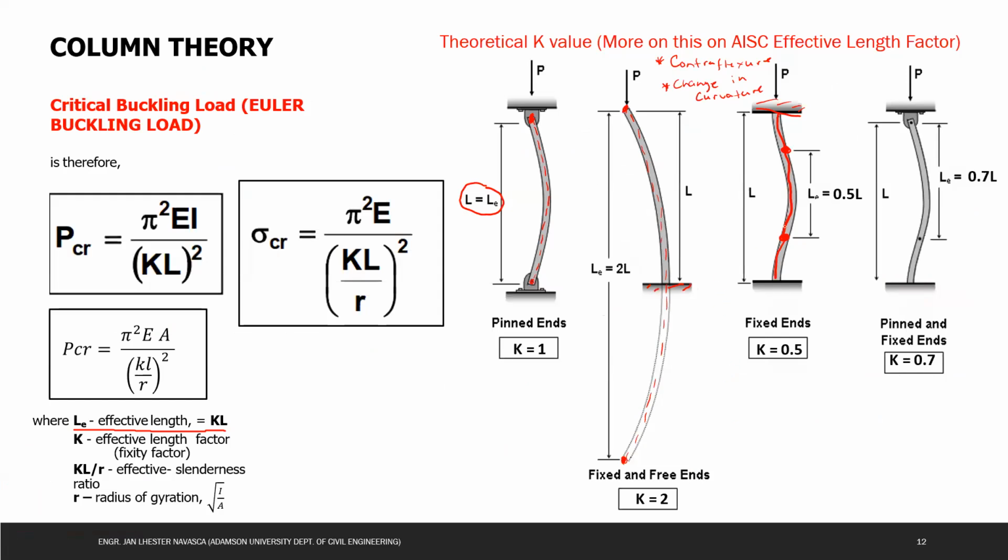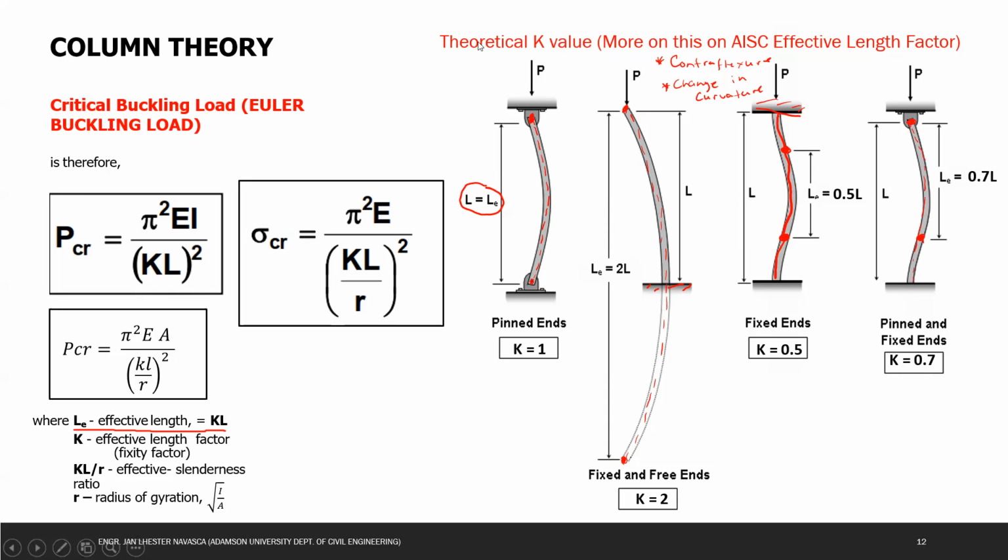A point load P is applied. If we continuously graph like this, the distance between the points of change in curvature, at this location and also this location, is 0.7 of your L. That is why you have a fixity factor of 0.7.